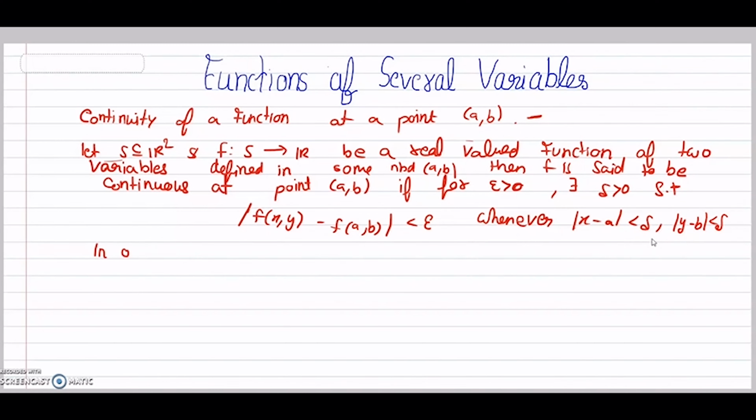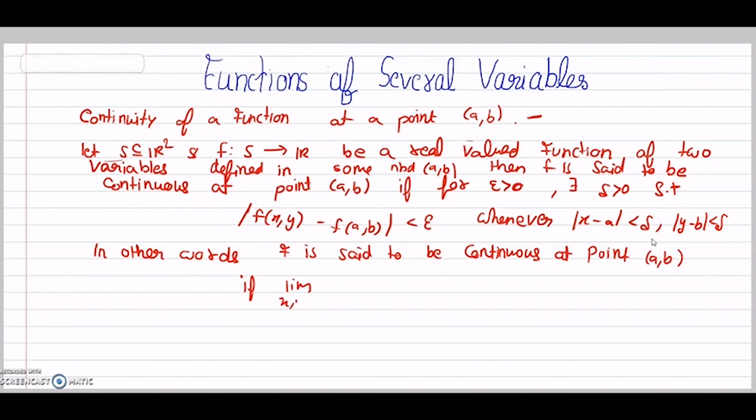And in other words, f is said to be continuous at point (a,b) if limit of the function f(x,y) when (x,y) tends to (a,b) is equal to f(a,b).